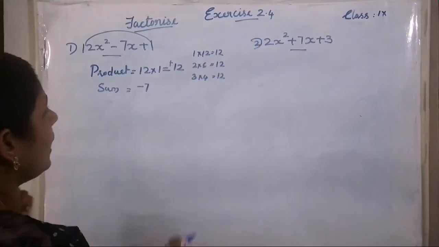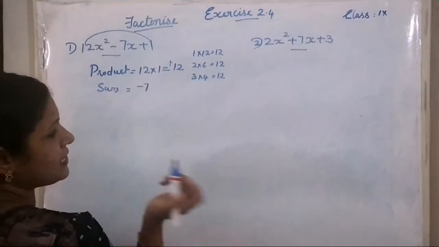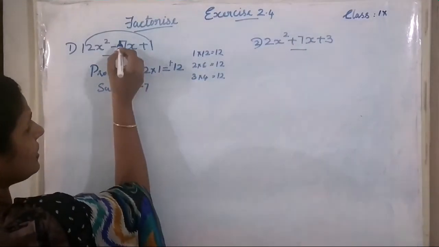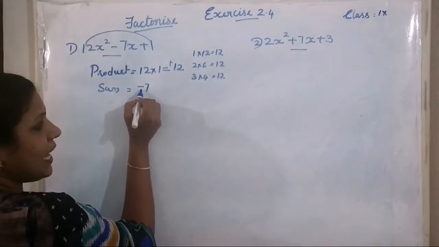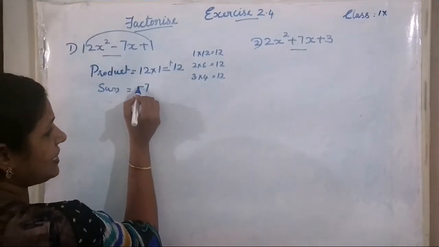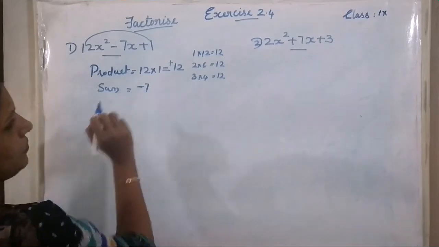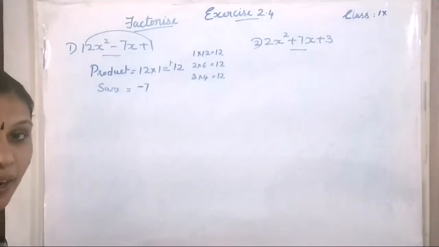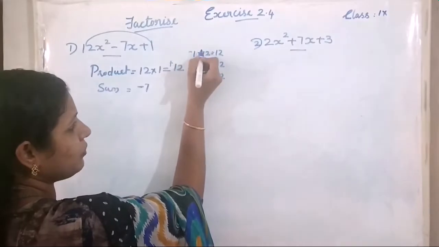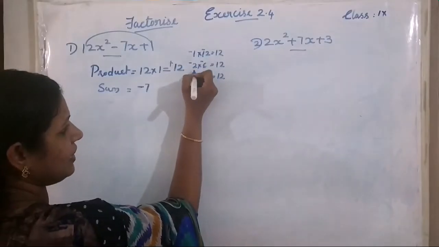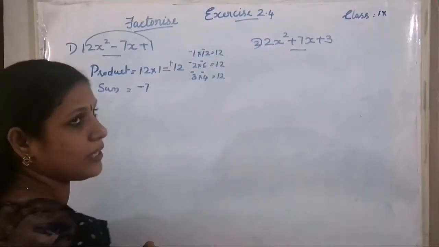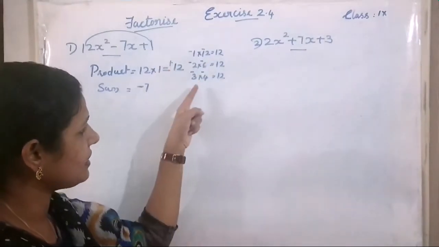Which sign do we use to check? The sum sign. Here the sum sign is negative, so both numbers are negative. So we put the negative sign here.